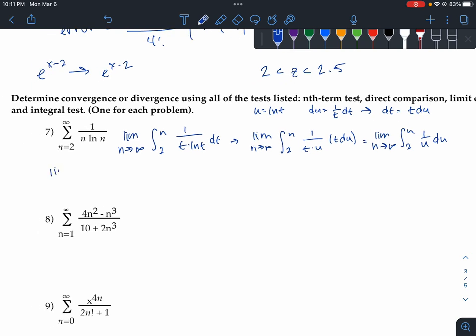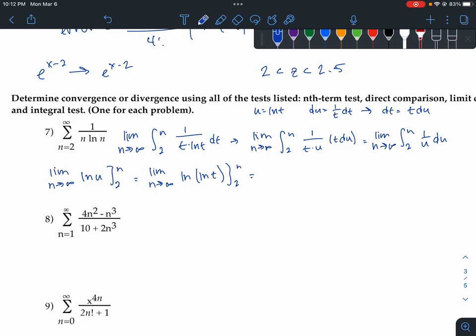So I have the limit as n approaches infinity of the natural log of u, going from 2 to n, and now we have to undo our substitution. The natural log of u is the natural log of t, from 2 to n.